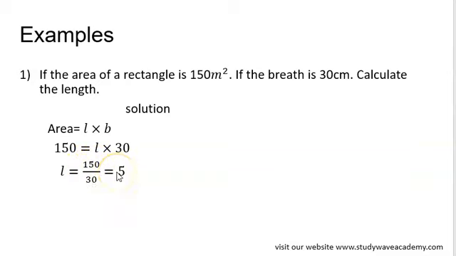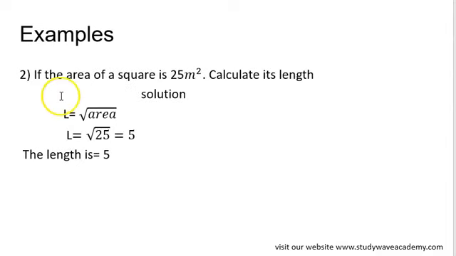Okay, good. We have another example here. Here is for the square. If the area of the square is 25 meters squared, calculate its length. Now we have the area of the square, we have to calculate the length. So our formula will be length equals the square root of area. We have to look for the square root of area. Okay, so L equals, our area of the square is what? 25 meters squared.